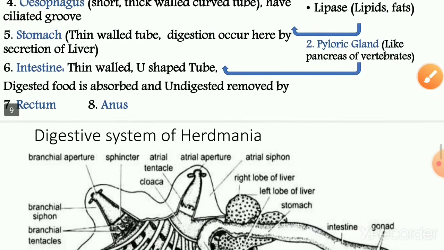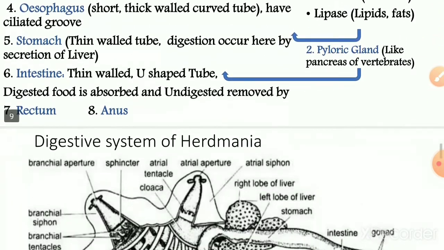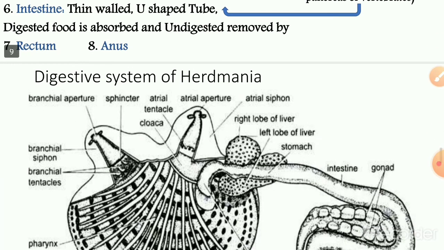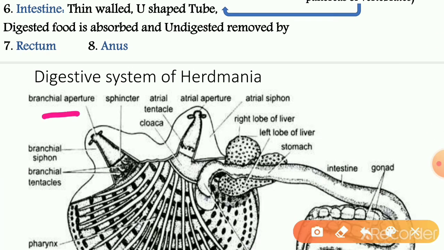First is the mouth. The mouth here is the branchial aperture that is present on the branchial siphon. So it is an opening of the branchial siphon which helps in the inhaling of the water current.